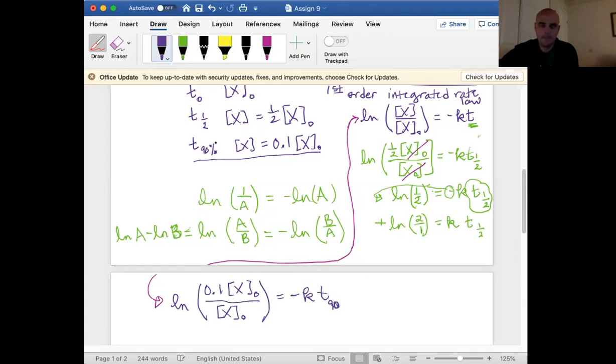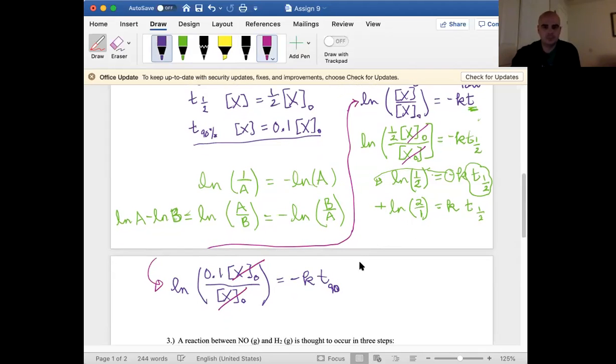The same exact thing that we just did, these guys cancel out over on the left-hand side. That's equal to natural log of 0.1, which is natural log of 1/10.